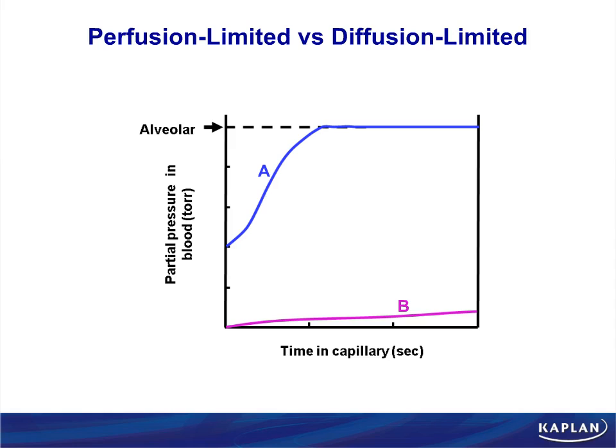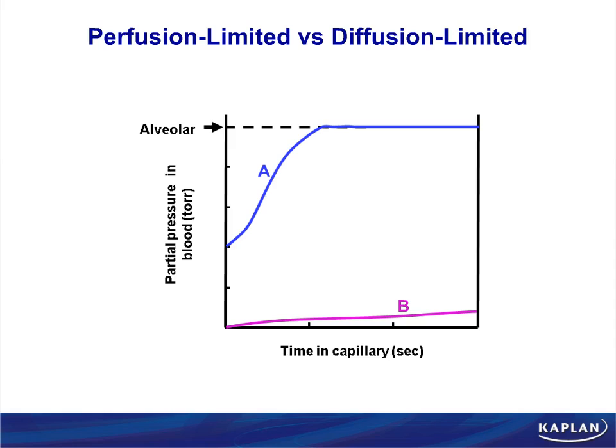On the left will be the partial pressures in the blood. Notice that curve A starts at a certain partial pressure. Curve B starts at 0 partial pressure. Now, both of these are gases, A and B. And what's at the top, the dashed line, represents the alveolar partial pressure of that gas.